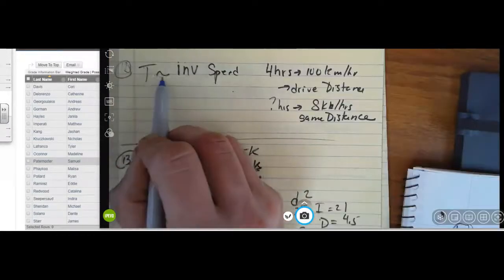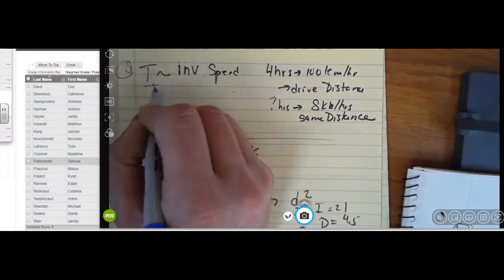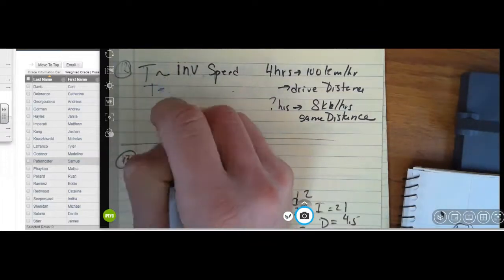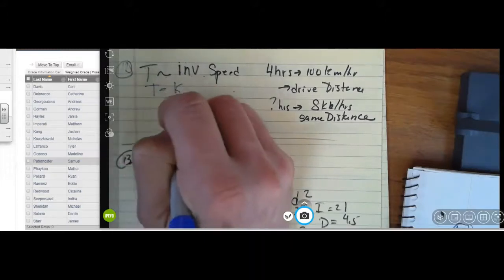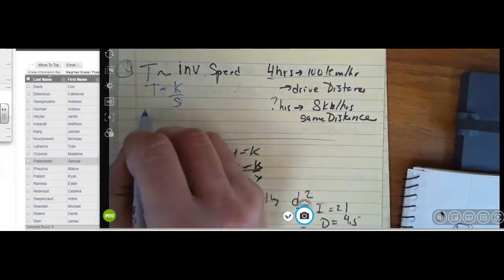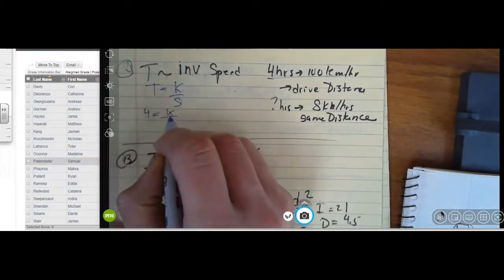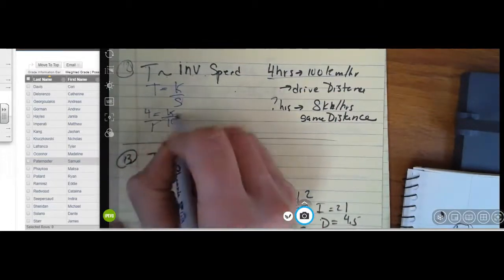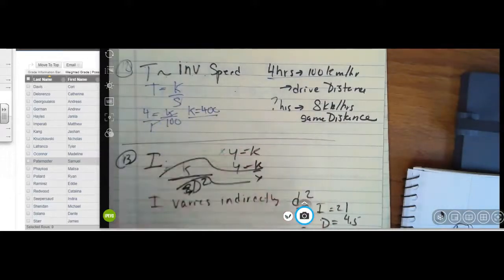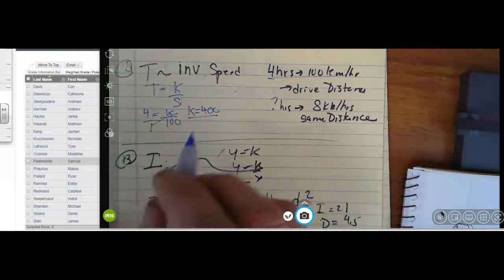They tell us that time varies inversely with speed, and that makes sense. So time varies inversely with speed. So you can have time is equal to k over speed, and then we use this information to find out what k is. So time was 4 hours. 4 is equal to k over 100. So you do your cross products and you find that k is equal to 400. So once you have that k is equal to 400, we'll plug that back in.